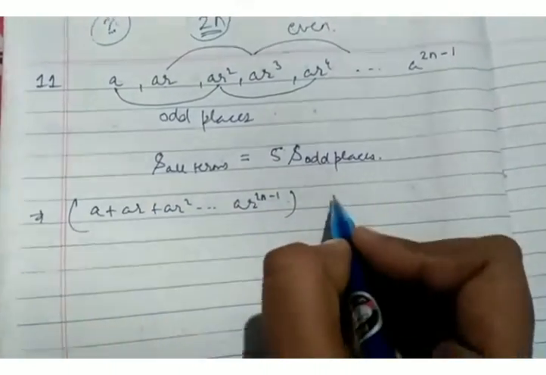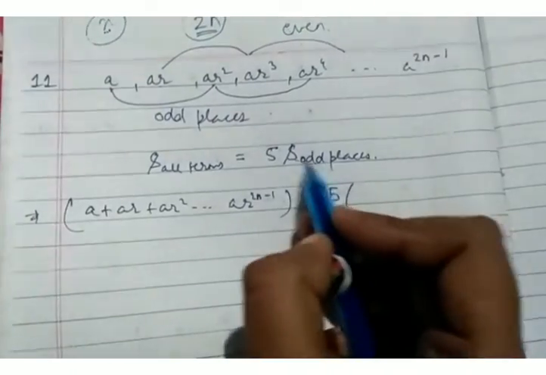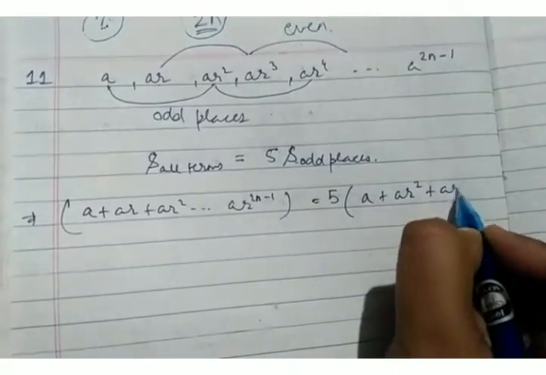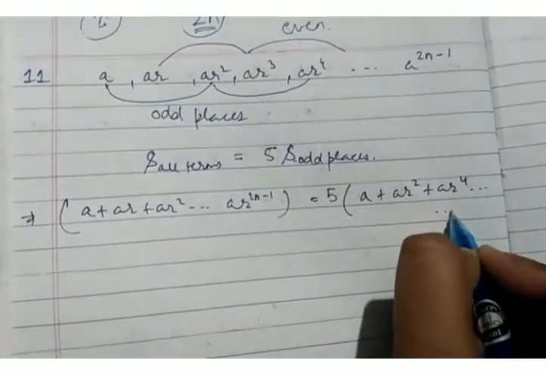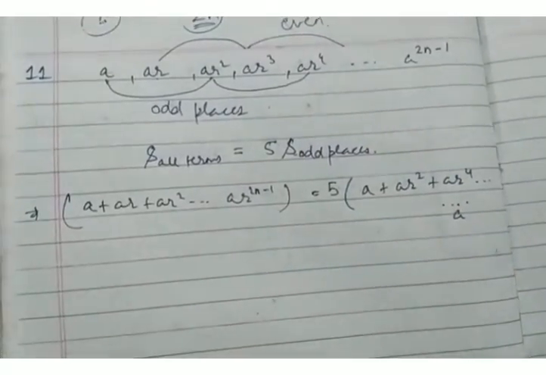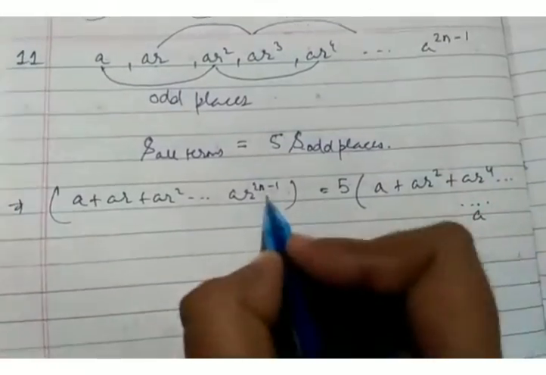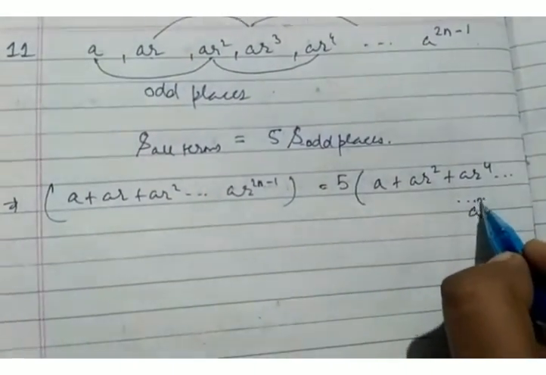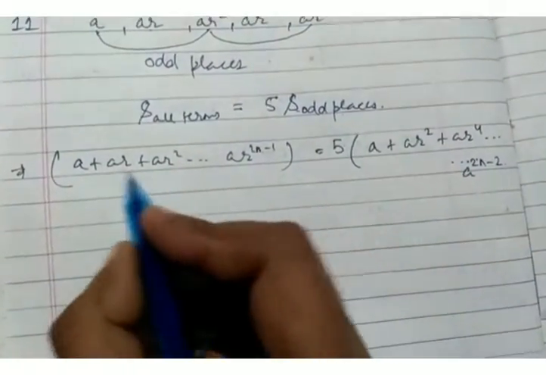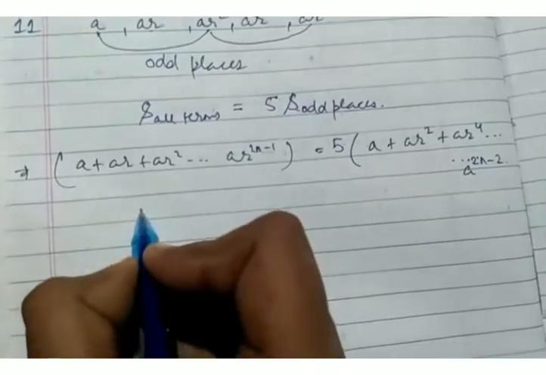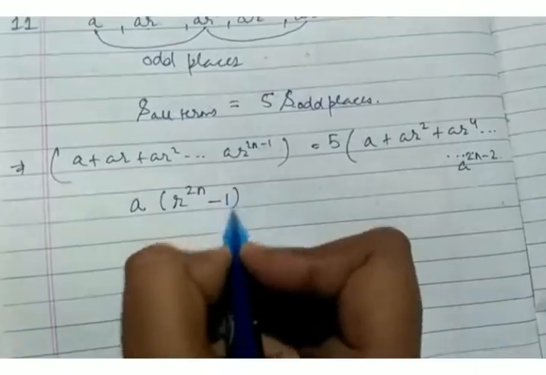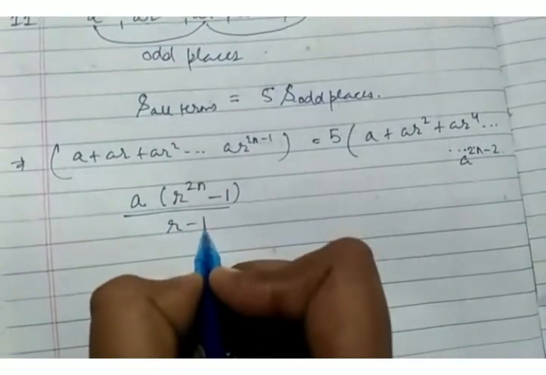This sum of all terms equals 5 times the sum at odd places, that is a plus ar square plus ar to the power 4 and so on up to n terms, where the last term is a r to the power 2n minus 2. Now we can find the sum. For the sum of terms, we write a, the common ratio is r, raised to the power 2n minus 1 upon r minus 1.